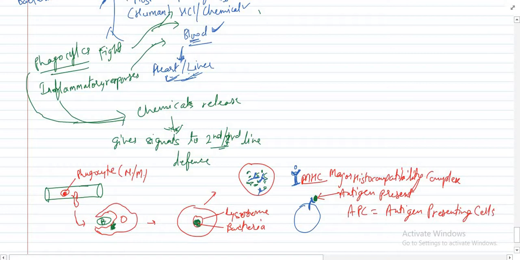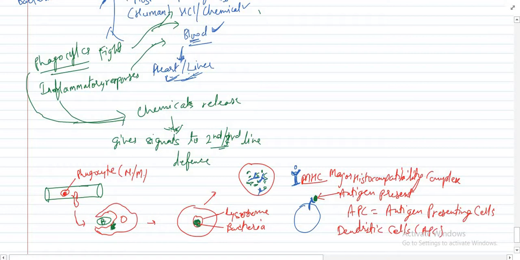Not only phagocytes are APCs. There are some more APCs, like dendritic cells. Dendritic cells are APCs, but they are not phagocytes.